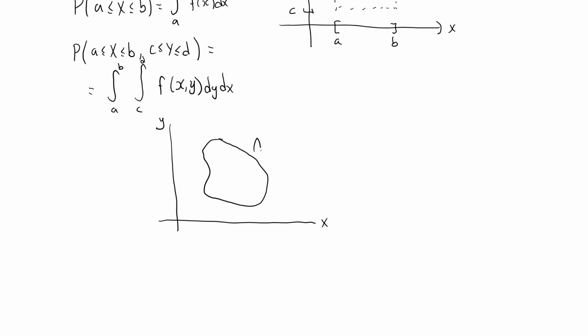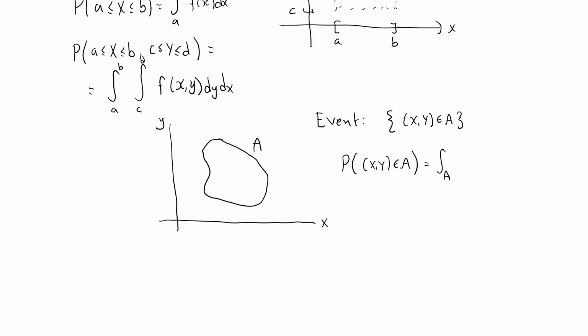So let's just call this area A. We can consider an event which we write as (X, Y) belongs to A. This is the event consisting of all outcomes that X and Y will map into this area A. The probability of this event, (X, Y) belonging to A, will then be a double integral, and you can write that either with two integral signs or one integral sign, doesn't make any difference.